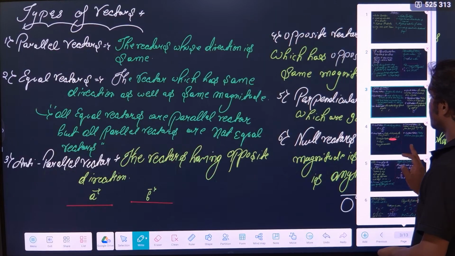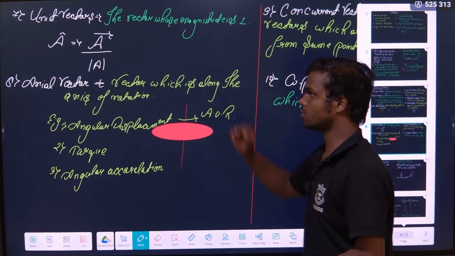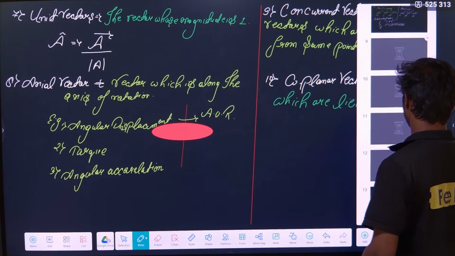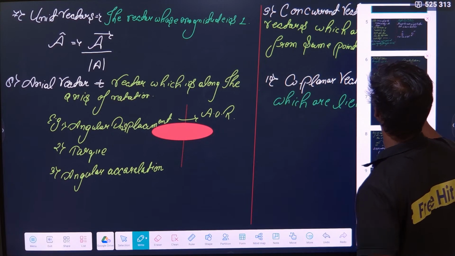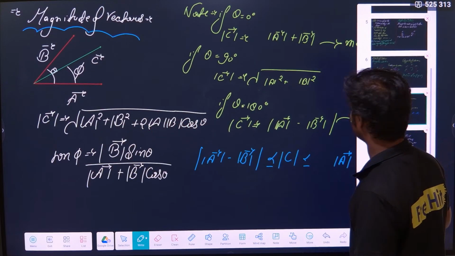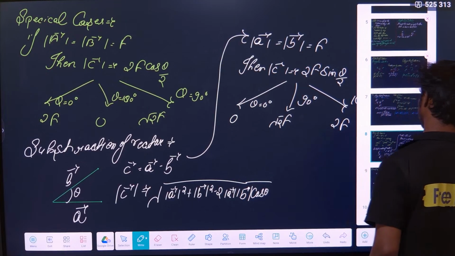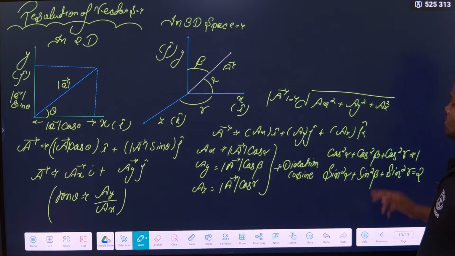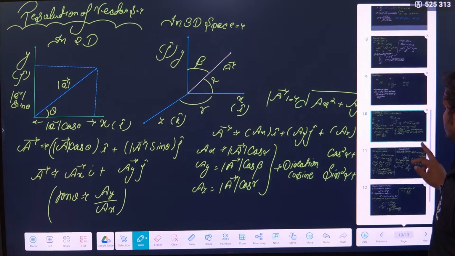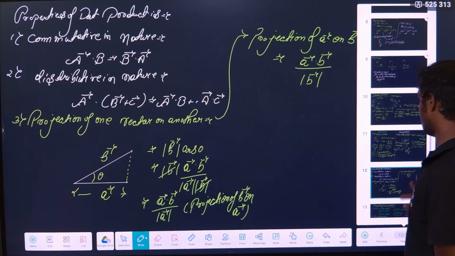Then we saw the types of vectors, where one important vector is the unit vector. After that we saw how to add a vector, how to subtract a vector, the different laws of addition, some special cases, and then the resolution of a vector, meaning how to take the components of a vector. Then we saw the dot product, cross product, and the different properties.